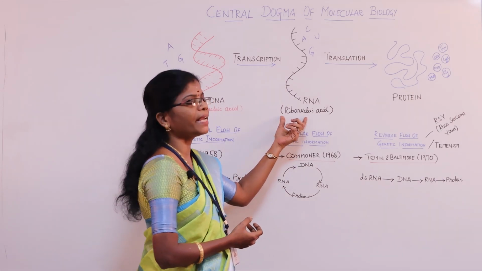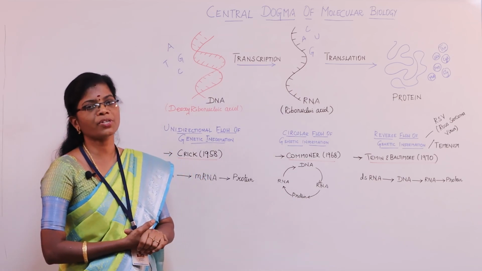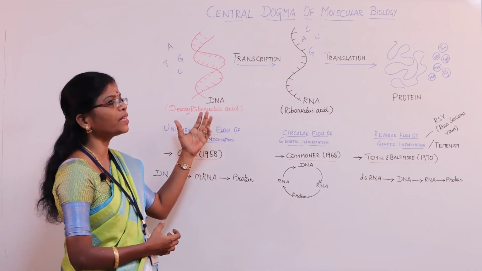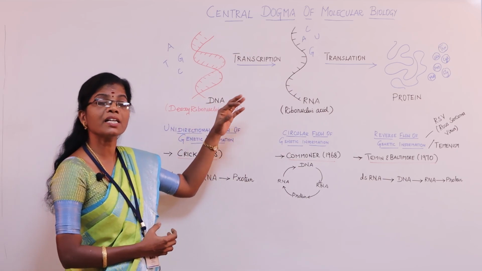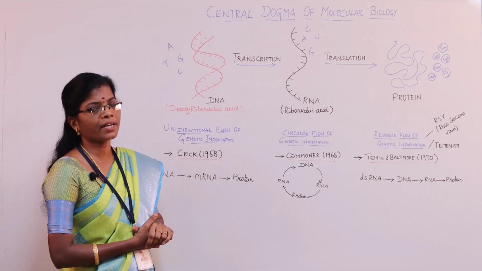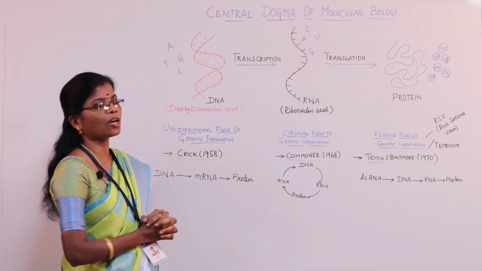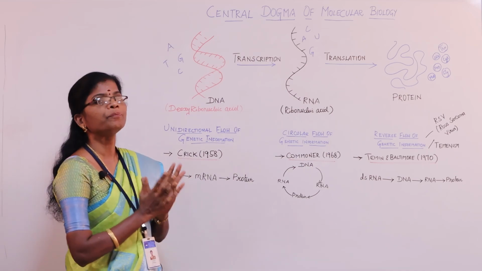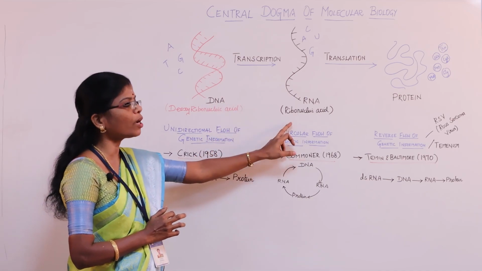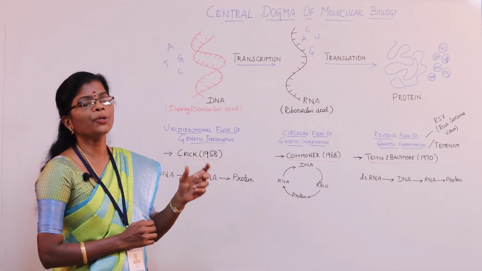Here we get this RNA in the form of mRNA, the messenger RNA. This messenger RNA carries a message from the DNA and it is transferred by the tRNA, which is why it is called transfer RNA. The protein synthesis, the final product of the central dogma of molecular biology, takes place inside the ribosomes, whereas transcription, the formation of the RNA molecule, takes place in the nucleus.